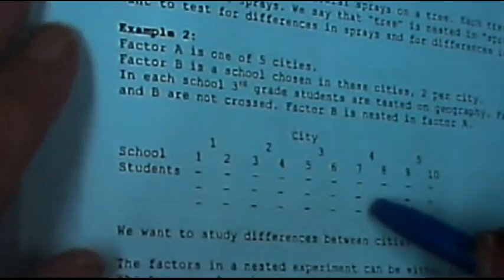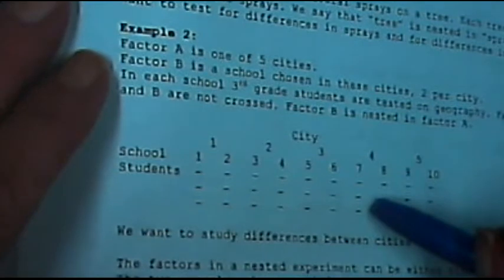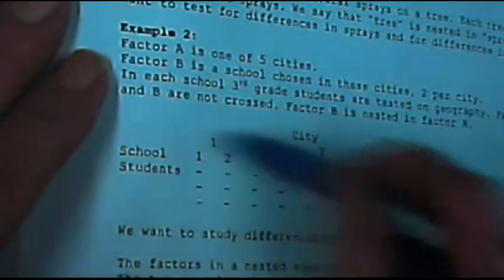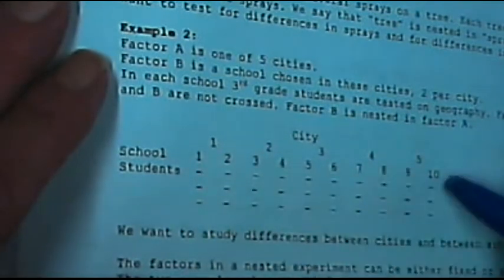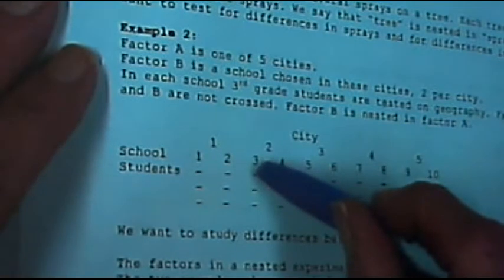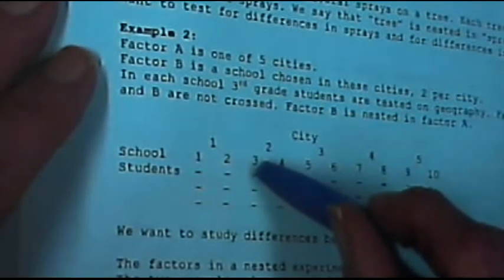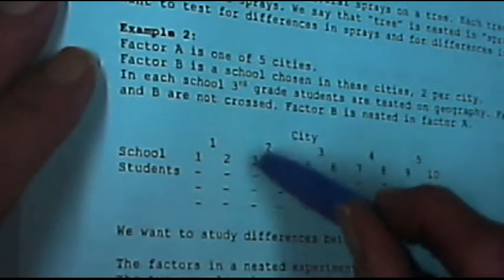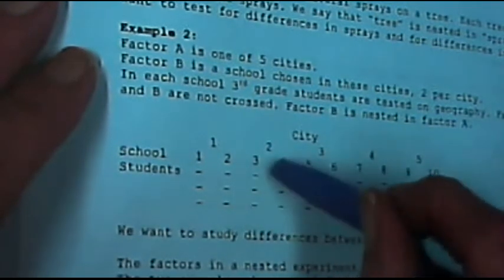If I look back on the previous page, for example, in the one about the cities, A is the city, 1 through 5, and B is the school. So if I wanted to talk about B3, for example, the third school is nested in the second city. Somehow I've got to indicate that in the notation.